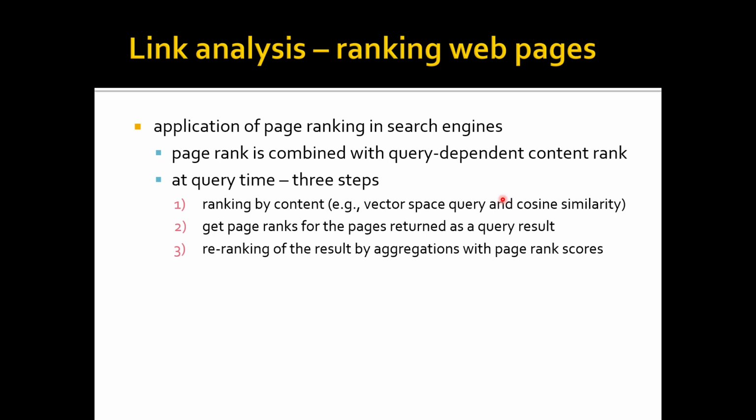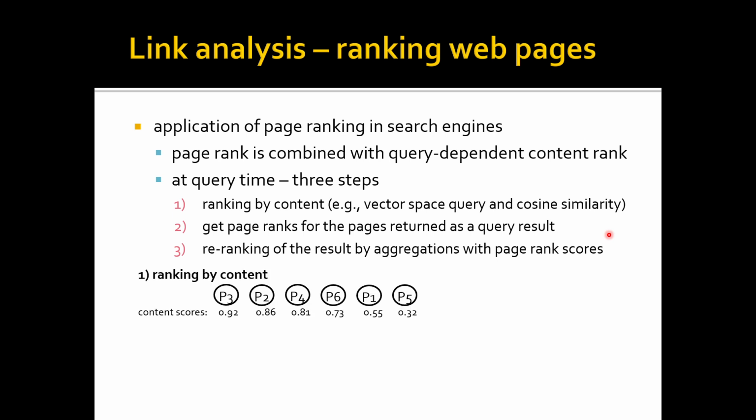And we can improve the ranking by content using page ranks we get independently for the pages, and we can, using these page ranks, filter garbage from what is respected. So we combine both of the rankings and aggregate the result into a final ranking, and that's the ranking that the user gets from the search engine.